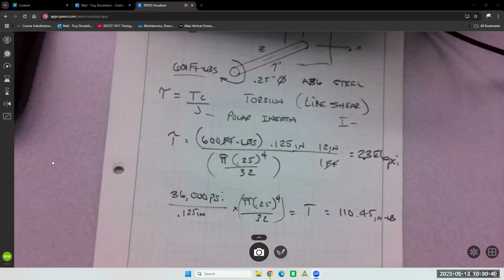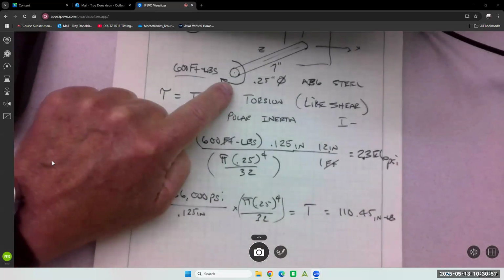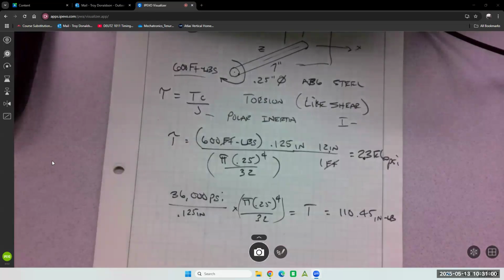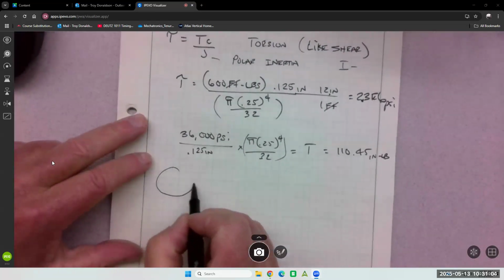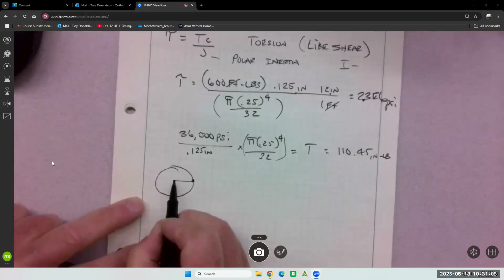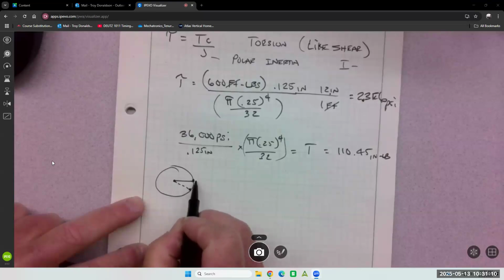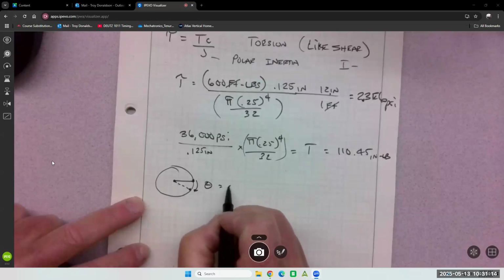So now, often you want to know, like, how much did that deflect the shaft? Because it's trying to rotate it, right? So what happens is a shaft that's loaded like that, I'll say that's my base point. This is what happens to this point. It rotates. That's called angle of twist.